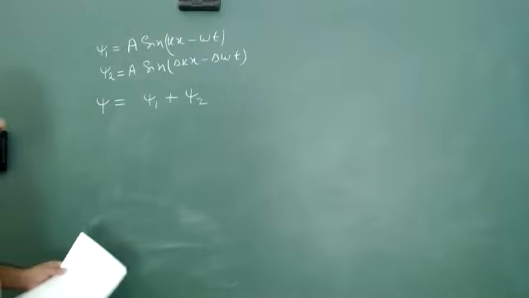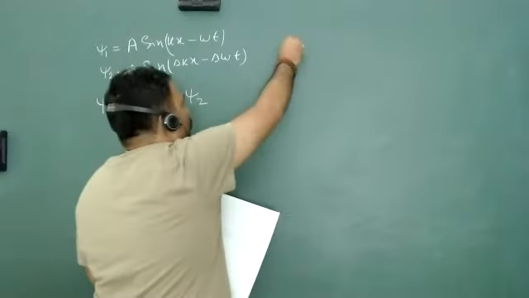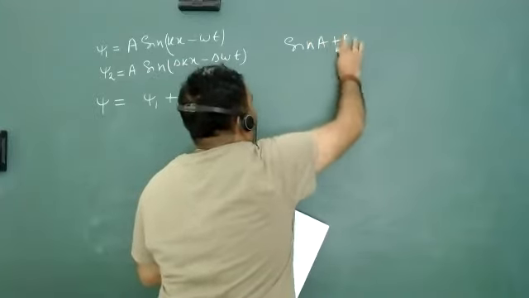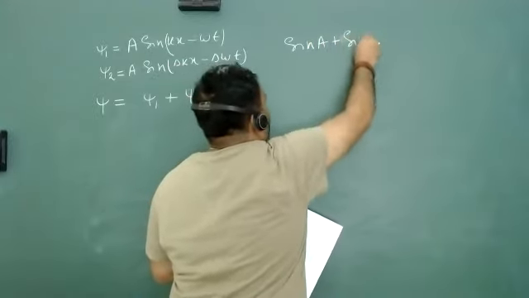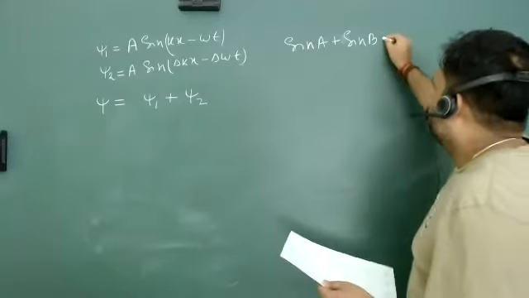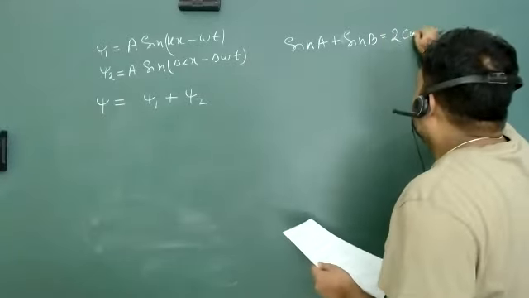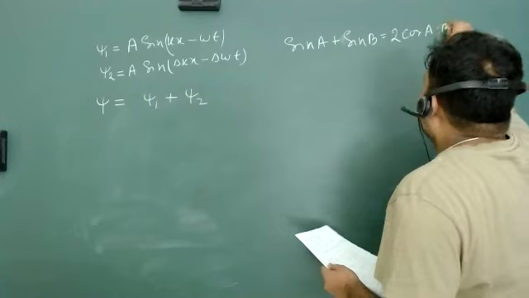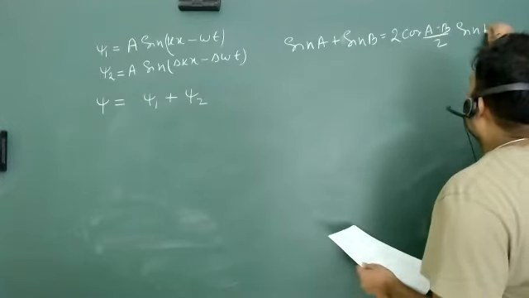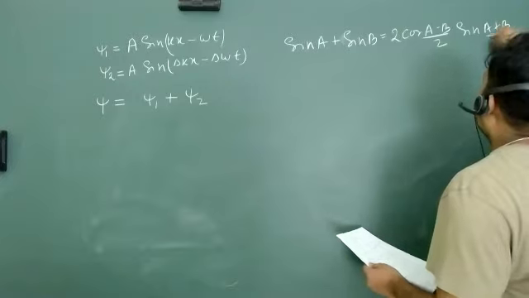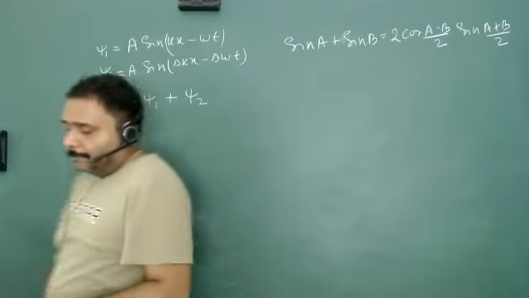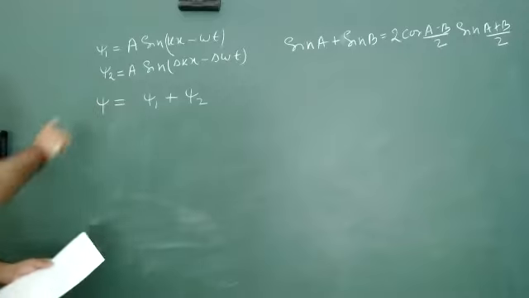And you know this formula, so I am using it: sin A plus sin B is equal to 2 cos((A minus B)/2) sin((A plus B)/2). So what will happen when you superimpose this?